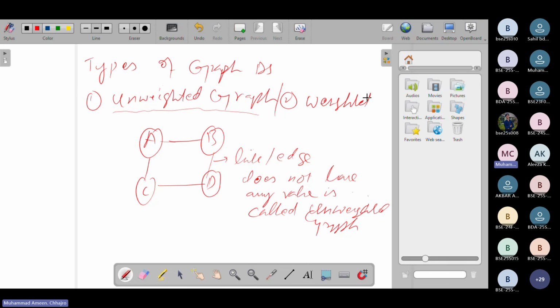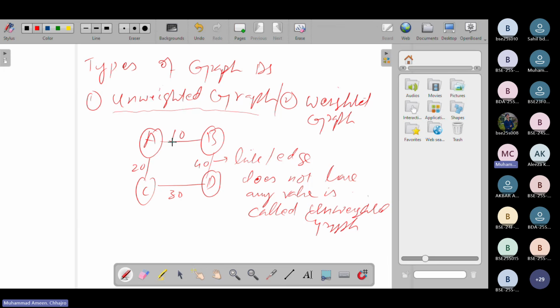So a weighted graph is just the opposite of the unweighted. If you assign certain weights to these links or edges, maybe 20, maybe 30, maybe 40.